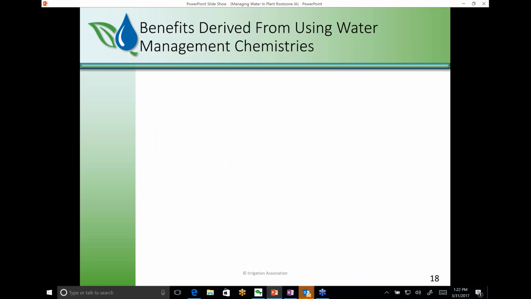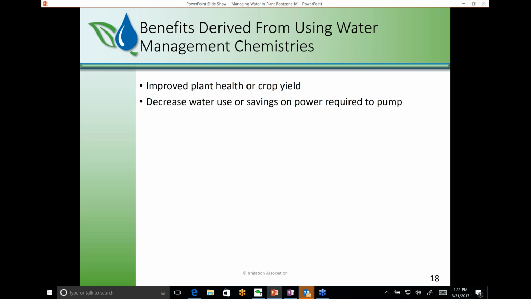So what are some of the benefits derived from using water management chemistries? We're going to show some data on improved plant health or crop yield. We're going to show some trials that we've done on decreased water use or savings on power required to pump it.